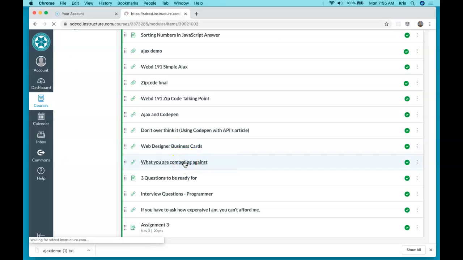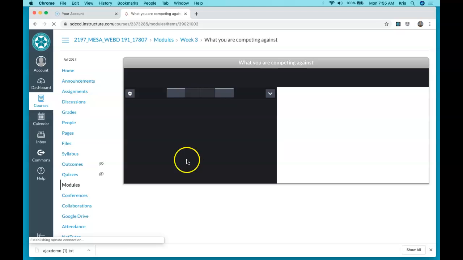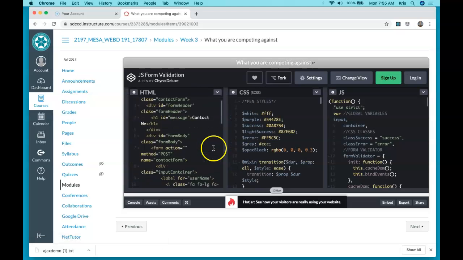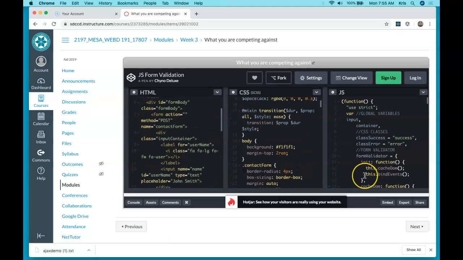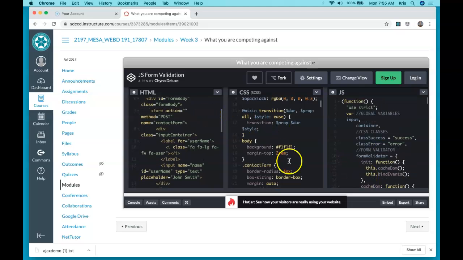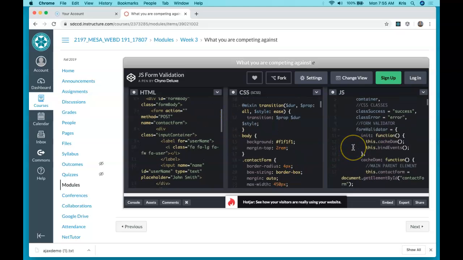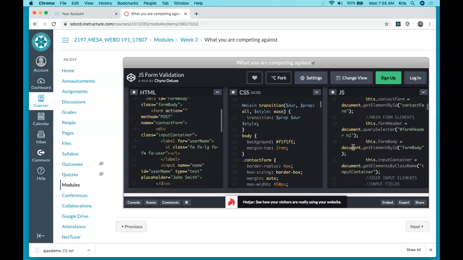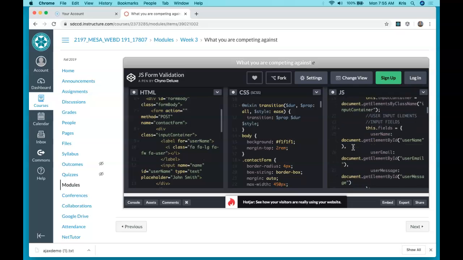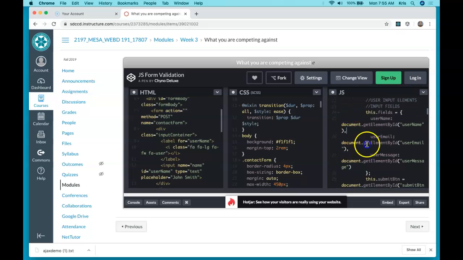I have a CodePen here of someone who has form validation and how he did it. I show this because this is another developer and it shows you what they're doing. If you take a look, you'll find that this is not as dynamic as yours. You see how there's document.getElementById, and that means they have to have the same ID when they're validating code.